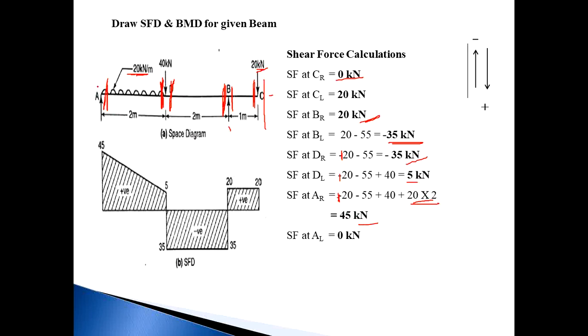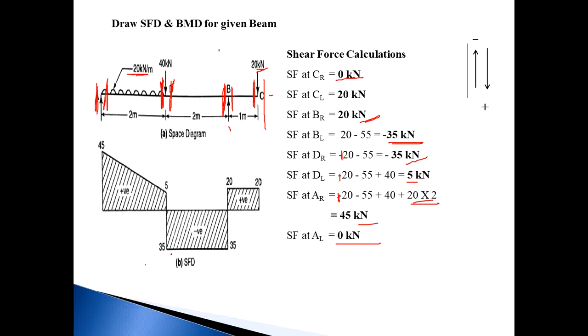And for AL, mark a section just left of A and consider the right side; this is the 45 and our RA value is 45. So minus 45 plus 45 becomes 0, meaning it starts with 0 and ends with 0. This is the checkpoint whether your calculation is right or wrong. So by considering these points, draw the SFD diagram: C 0, 20, plus 20, minus 35.